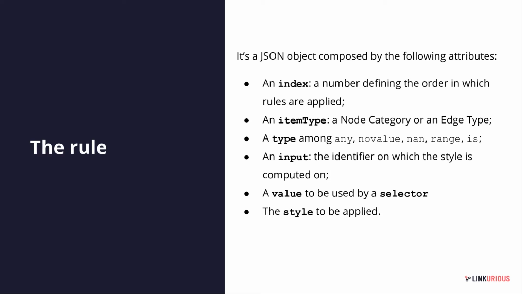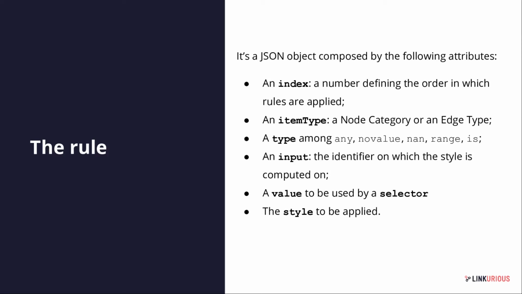For example, if we use the range type, it means that we want to compare the value specified in the input attribute with another value. We can, for example, have different selectors that are basically greater than, equal, smaller than. This is something that you can do if you want to change the style based on, for example, a number that you have in a property.